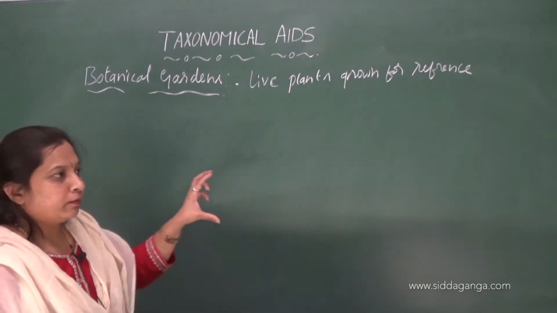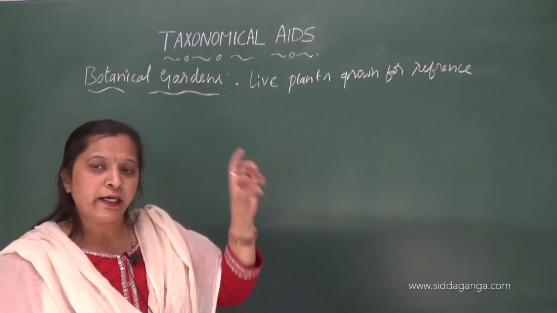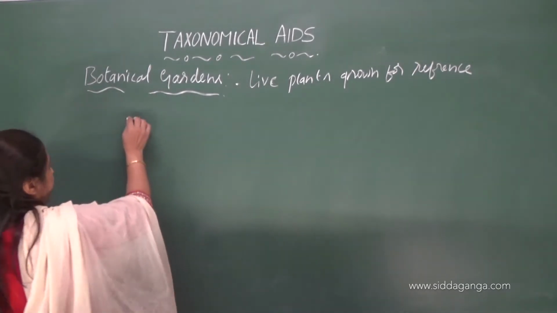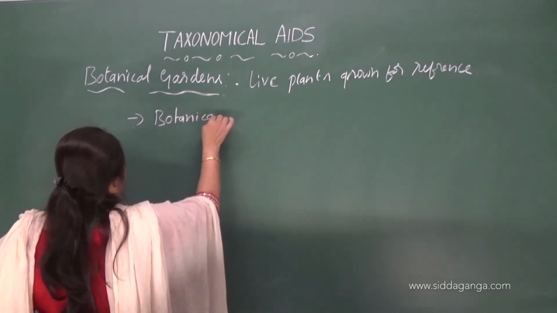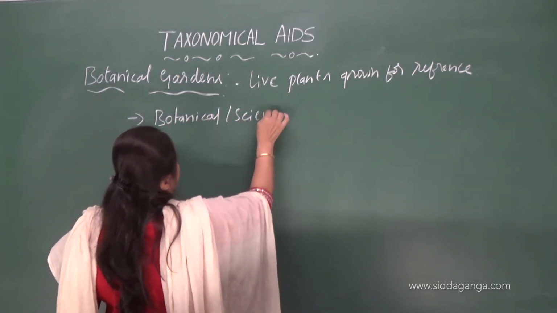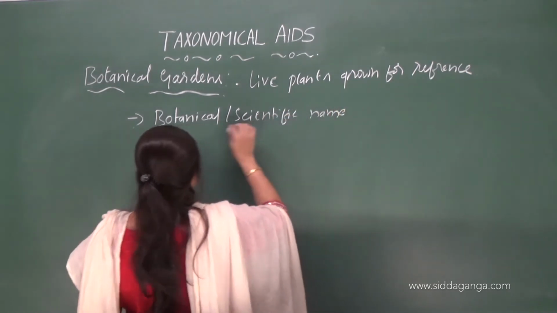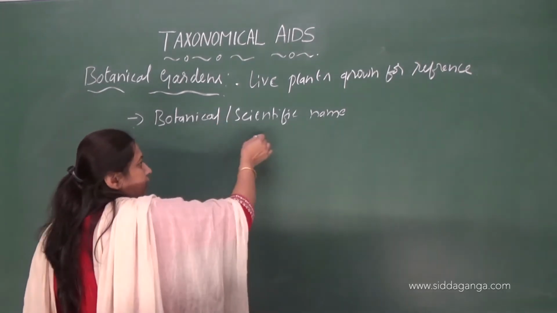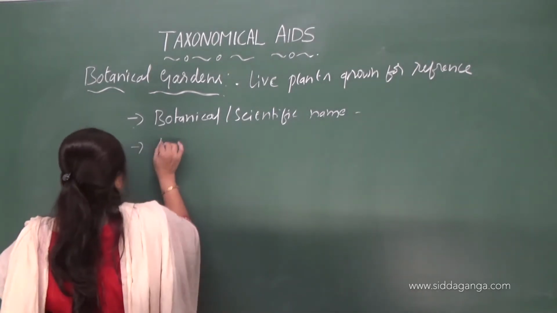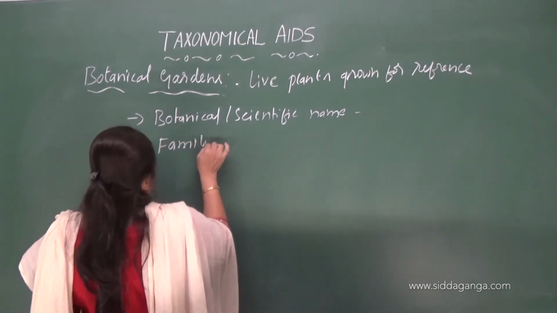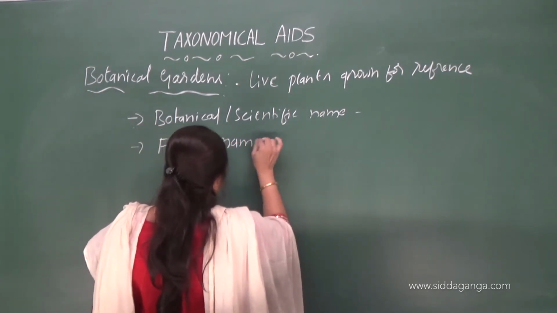Each plant in a botanical garden is labeled, indicating the botanical or scientific name. The label should contain the scientific name or botanical name of that particular plant and its family name, that means the family to which that particular plant belongs.